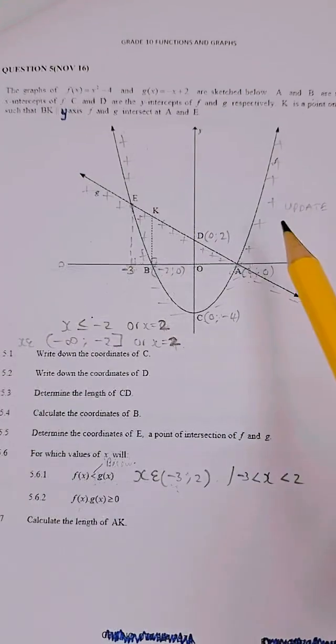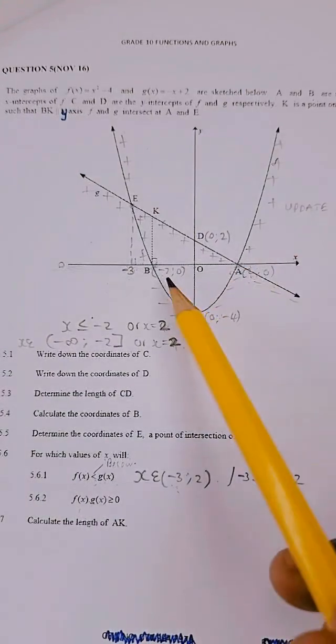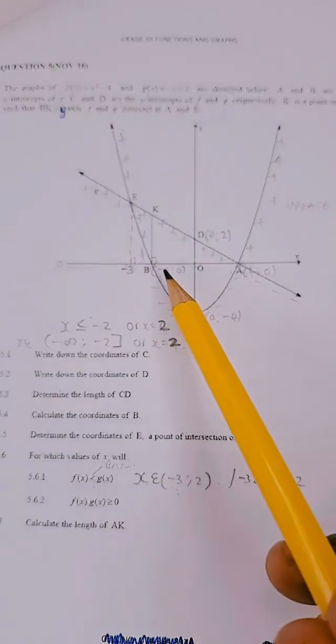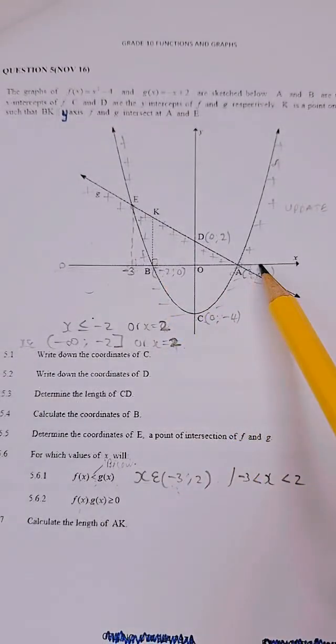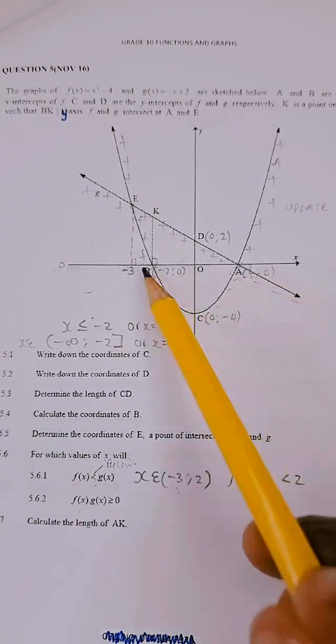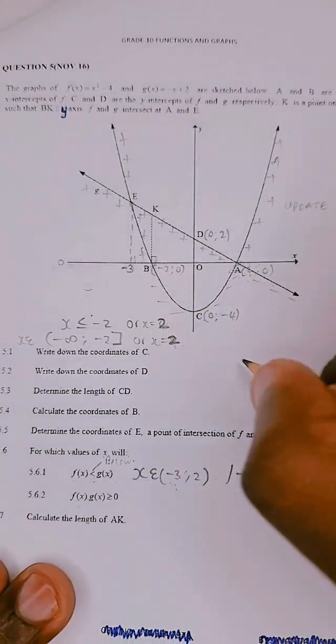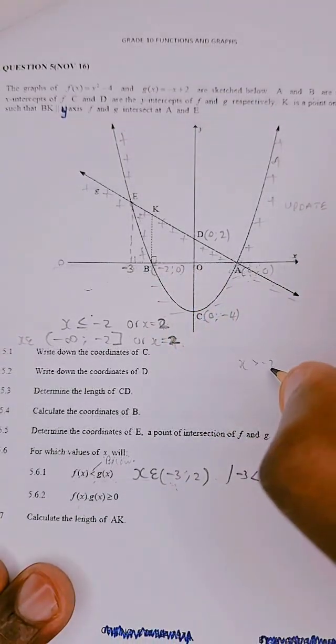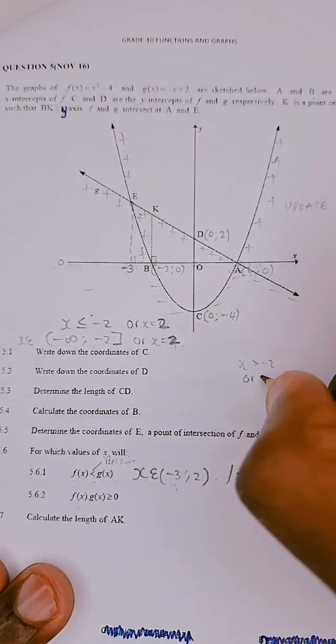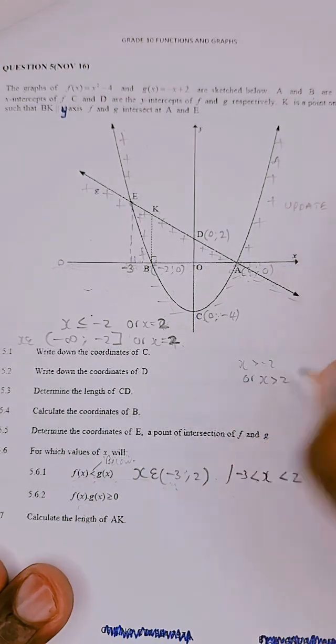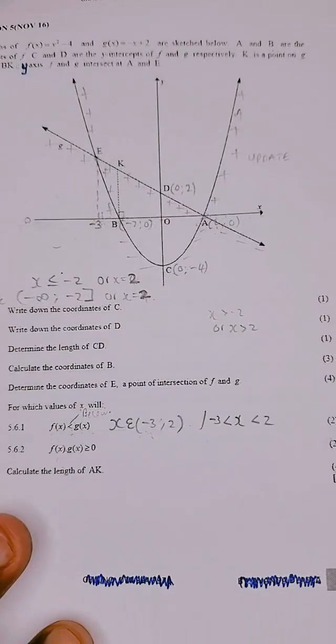I think we could probably write this in a few ways. We could say x is greater than negative 2, or x is greater than 2. Could probably say that.